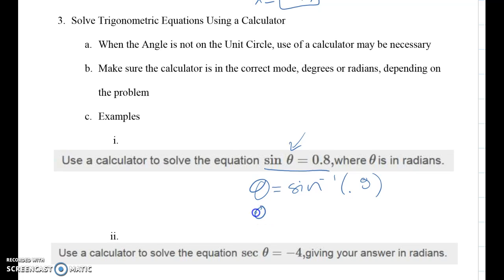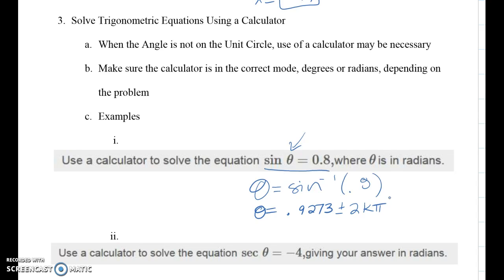And when I do this, this gives me theta to be equal to 0.9273. You will note that it does not tell me the domain of theta, and so I'm going to say plus or minus 2k pi.